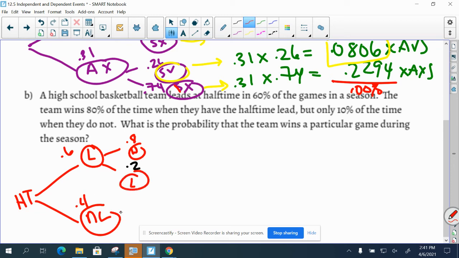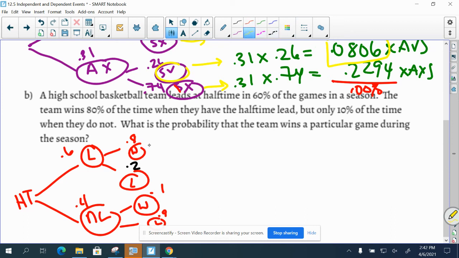And then if they don't lead, then they only have a 10% chance of winning. They need to work on their comeback strategies, and then 0.9 they would have as a loss. So then what's the probability that the team wins a particular game during the season?